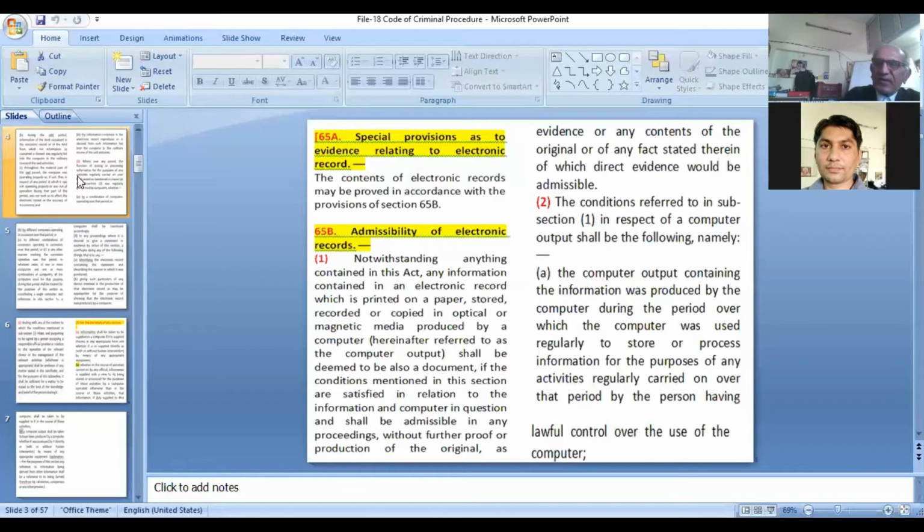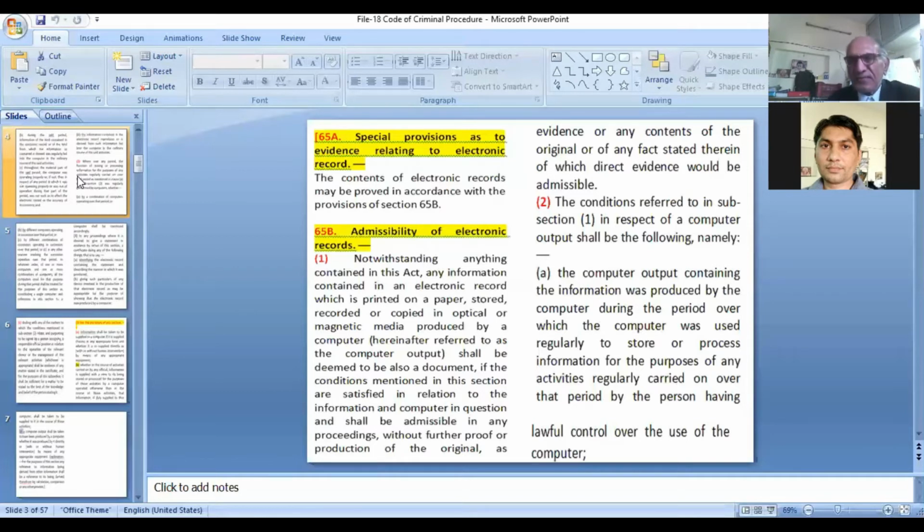It is just like if some information is being preserved on a computer, say in a bank or in any office, or say even during court proceedings, which are regularly carried activities, and that computer is under the control of a person who is doing the activity regularly.